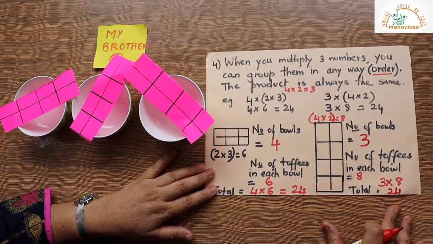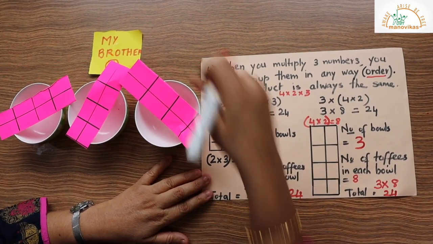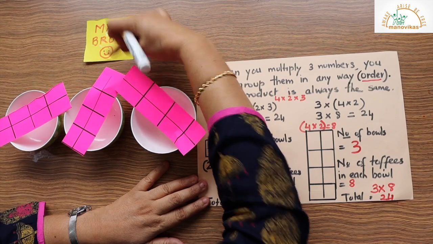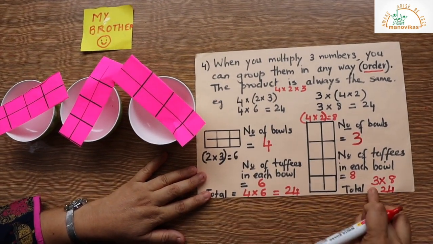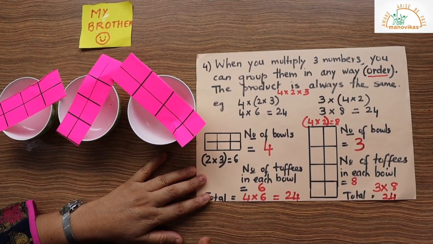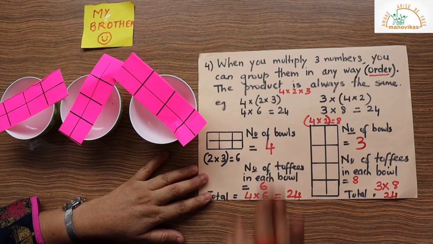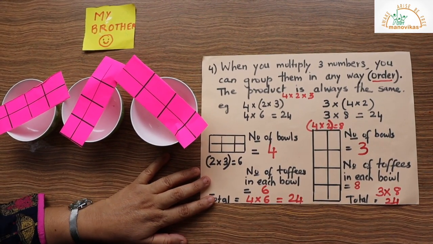Oh, again we have the same number of toffees. See, my brother also has a smiley face, since we have the same number of toffees. I hope you have understood this property of multiplication also very well.